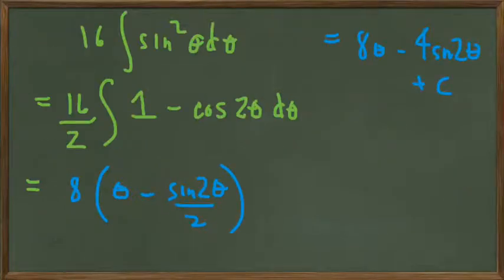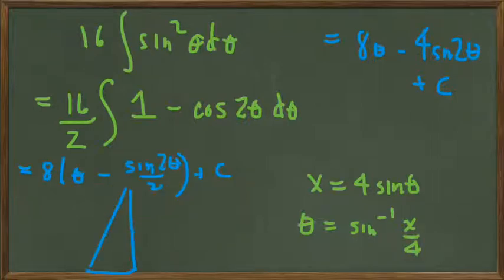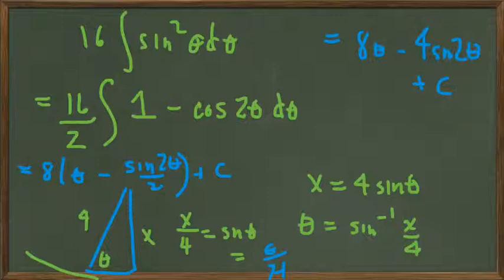Well, our substitution was to let x equal 4 sine theta, so theta was sine inverse of x over 4, and we also have a triangle, and in that triangle x over 4 equals sine theta, and sine of theta is the opposite over the hypotenuse, and so this side of the triangle is x, and this side of the triangle is 4, and the base is square root of x squared minus 4.